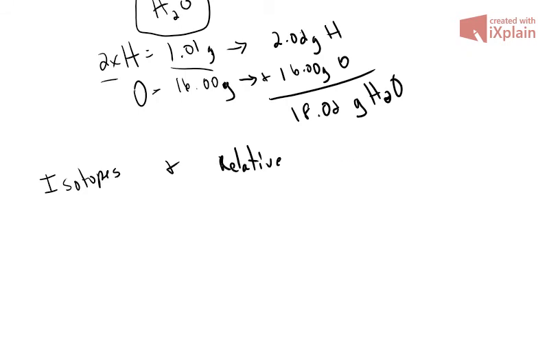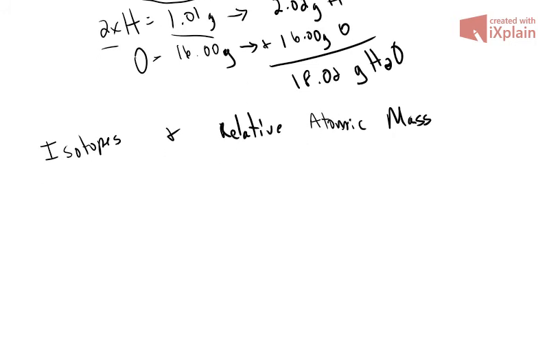I'm psyching myself out here. Relative atomic mass. We'll just say relative atomic mass. There's probably a better name for it that I just can't think of right now. Okay, so it all has to do with isotopes and their relative abundance.